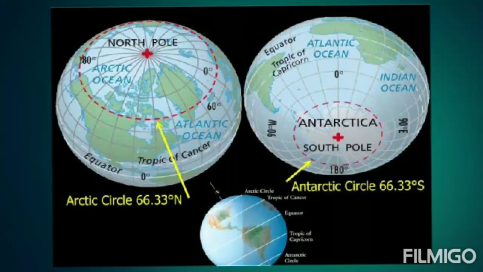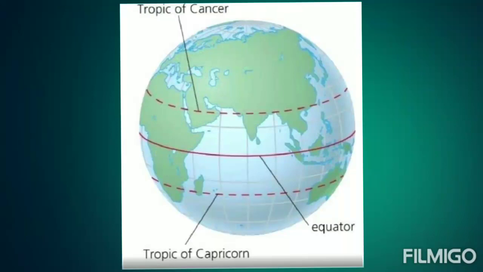So these latitudes are situated at 66.5 degree north and south of the equator. Okay, so as you move towards the poles, the summer days get longer and longer. Okay, so now see the next.